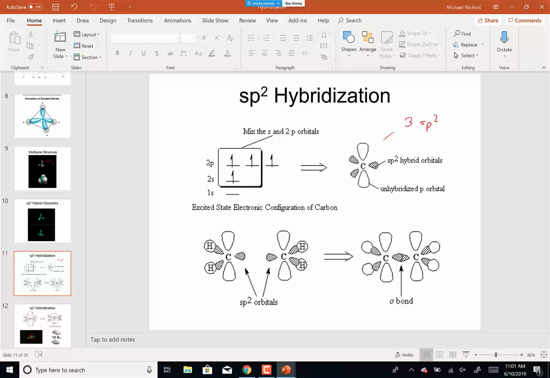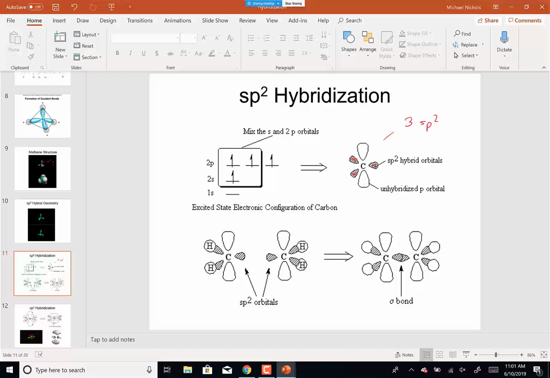My VSEPR theory tells me that if I have three balloons, what geometry should they have? Trigonal planar. So that's the shaded ones here. They're trigonal planar. And then what happens to the unhybridized p orbital?